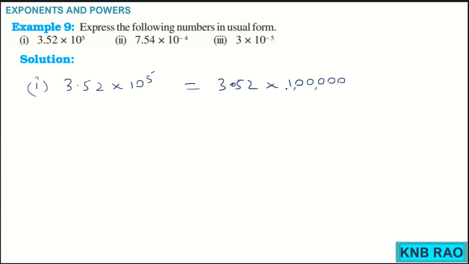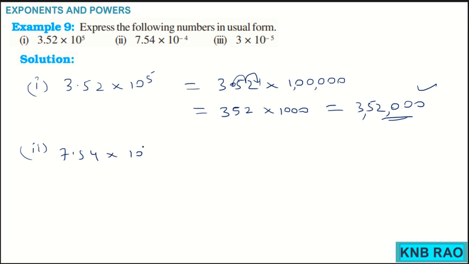So the point will be shifted. The point will shift once, twice, but when we are multiplying, the number will keep increasing. We are multiplying with positive powers of ten. So it becomes 352 into 1000 now, because for 2 zeros I have shifted, and now it becomes 352 besides 3 zeros. That means it is 3,52,000.